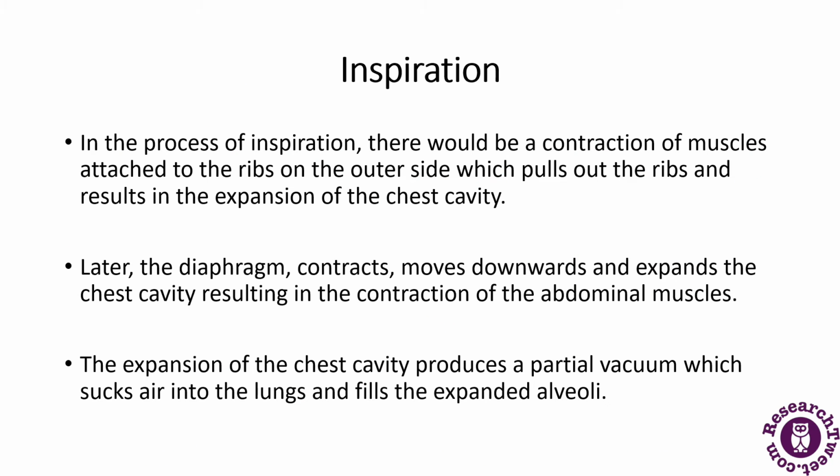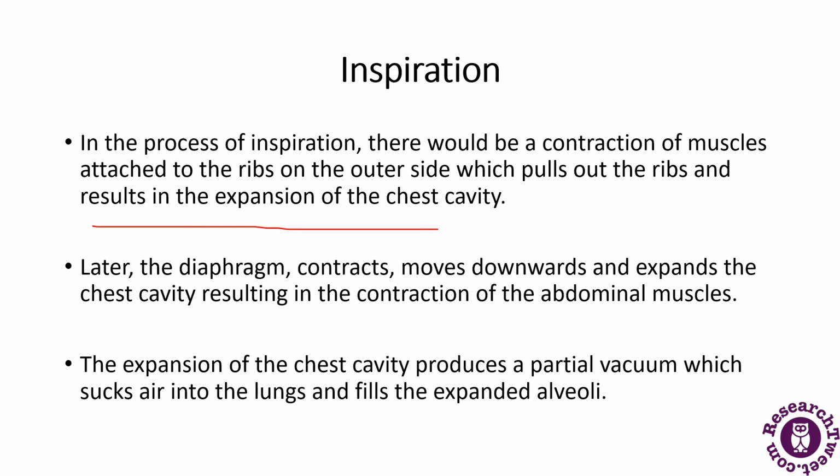Now inspiration is the process where there is a contraction of the muscle. As we have seen in the diagram, there was a contraction of the diaphragm muscles which are attached to the ribs on the outside, and it pulls out the ribs and results in the expansion of the chest cavity.